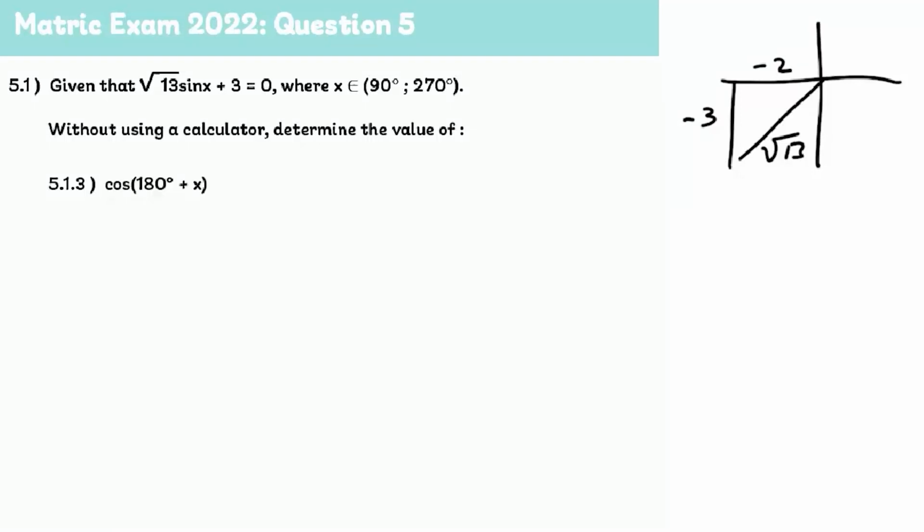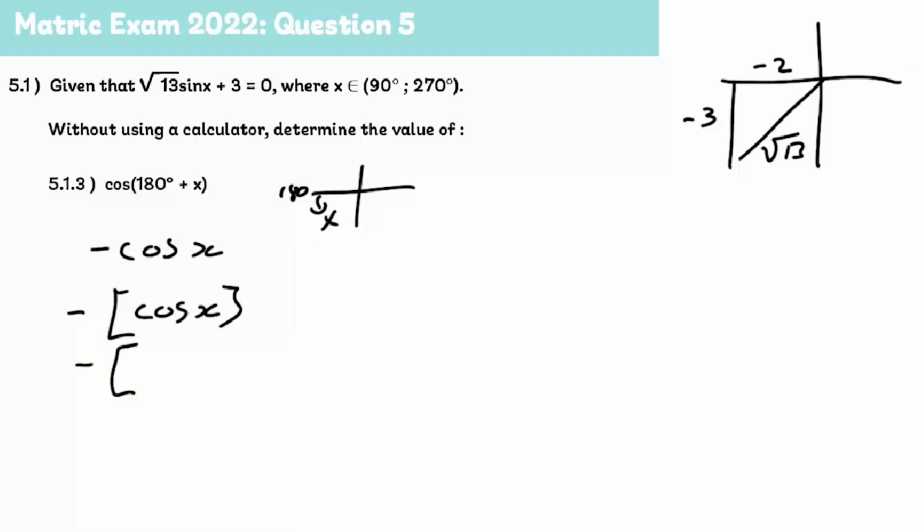Moving on to question 5.1.3. Cos, open brackets, 180 plus x, close bracket. So what does that mean? That helps us determine which quadrant it is. If we go look here, this is 180 and it's plus x, so we fall into this quadrant. That would mean then that cos is negative. We have a negative cos x. Now let's just take for now the minus out, and then we got cos x over here.